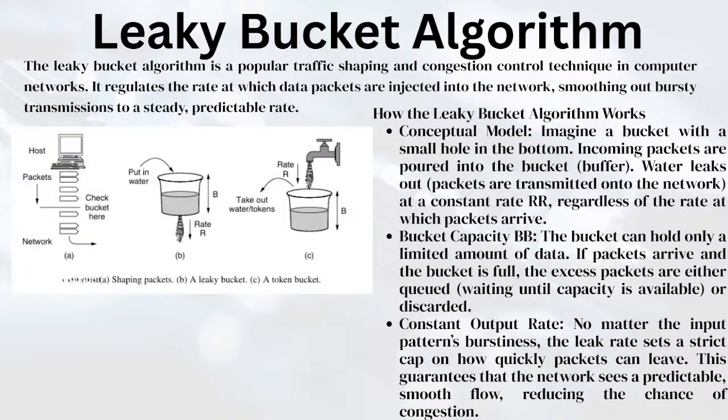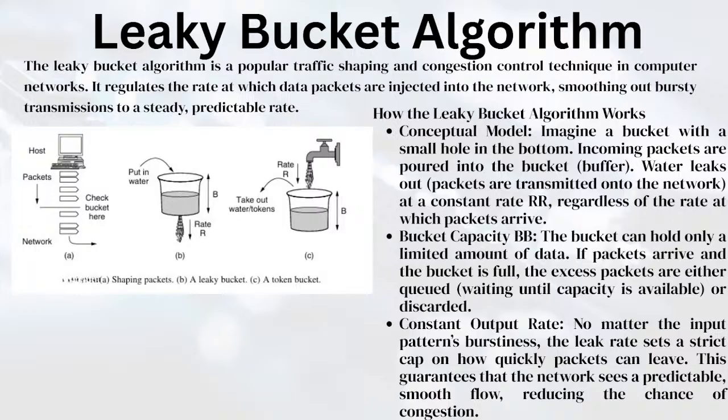But the token bucket allows bursty traffic if enough tokens are saved. In the leaky bucket, the bucket contains packets, so it overflows when it is full. In the token bucket, the bucket contains tokens, so tokens accumulate when not used, rather than overflow.